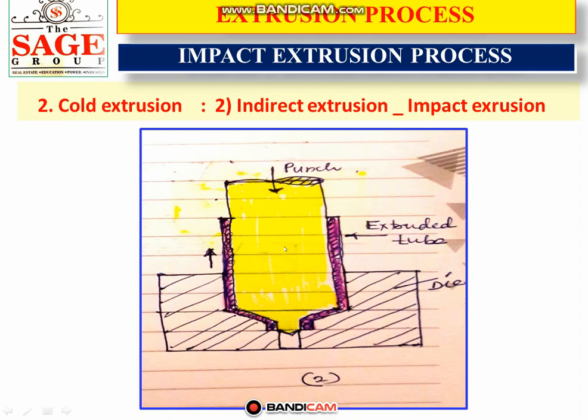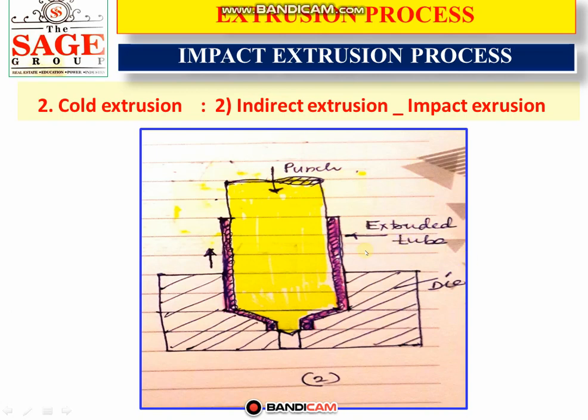By receiving the high forces, the material will expand in the clearance provided between the die and the punch. In this clearance the material will flow and expand, and this will be our extruded tube.